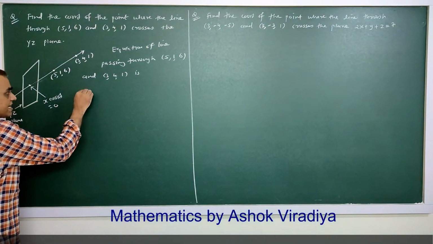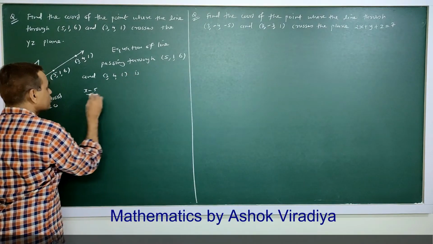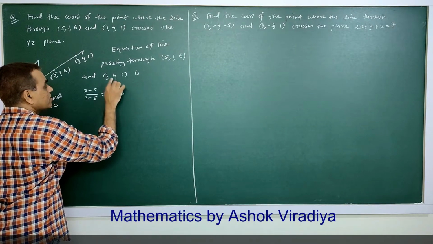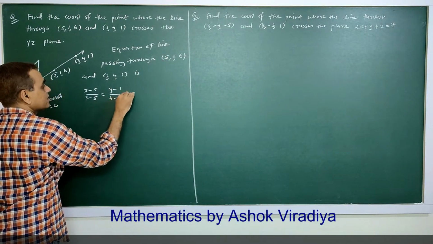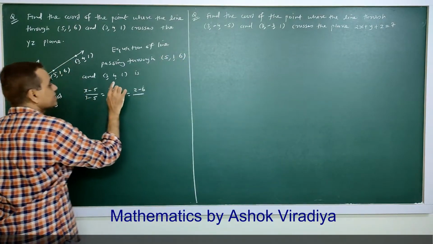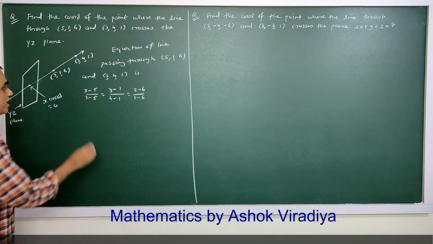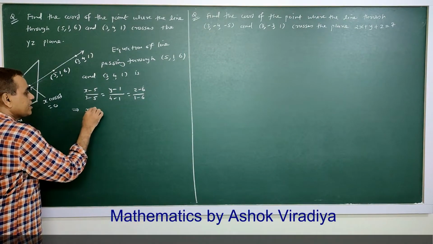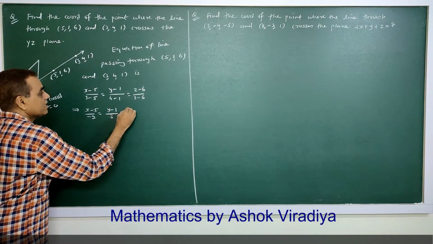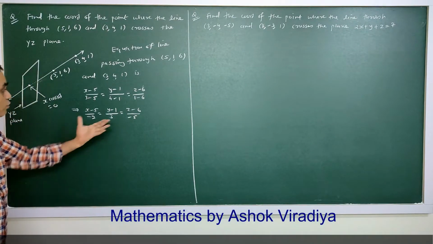The result was (x minus x1) upon (x2 minus x1) equal to (y minus y1) upon (y2 minus y1) equal to (z minus z1) upon (z2 minus z1). So that is (x minus 5) by minus 2 equal to (y minus 1) by 3 equal to (z minus 6) by minus 5. It is the equation of this line.